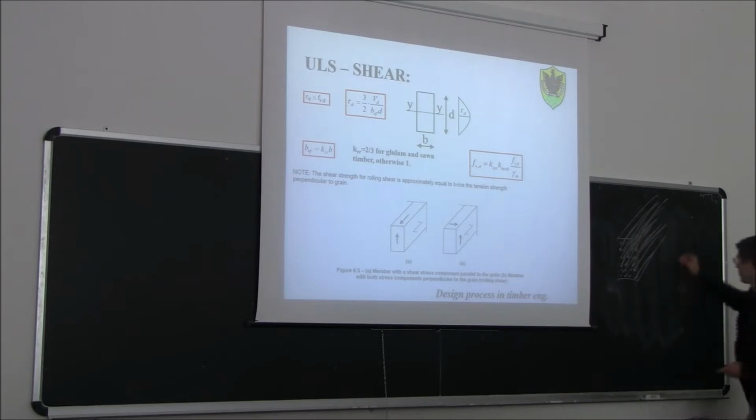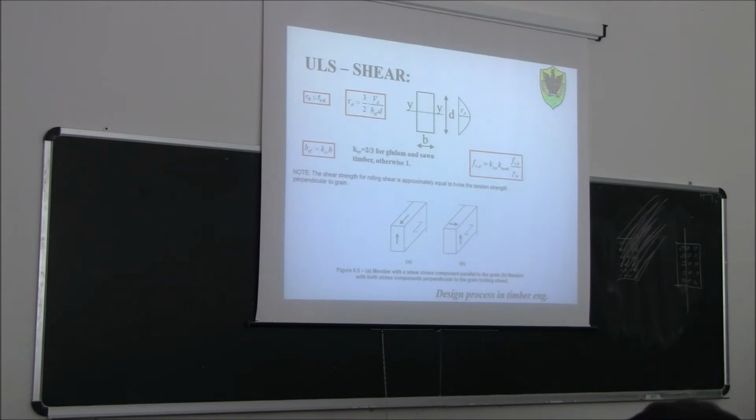Okay, so if this is my cross section, the plane is vertical here, parallel to the fiber. Does it intersect any fiber? Of course, I'm now talking about a purely planar case, but in reality the plane could be slightly tilted this way.